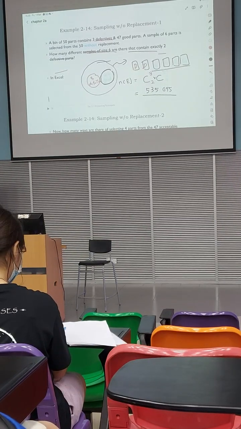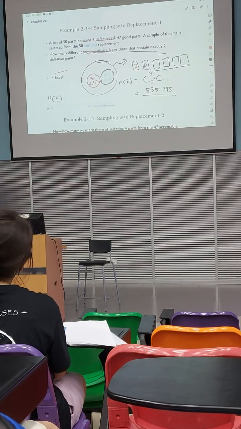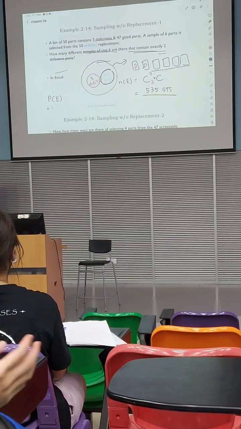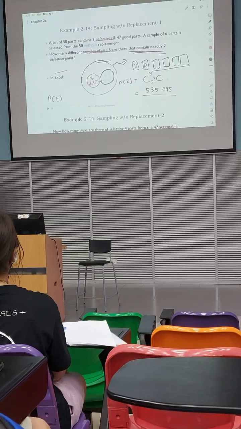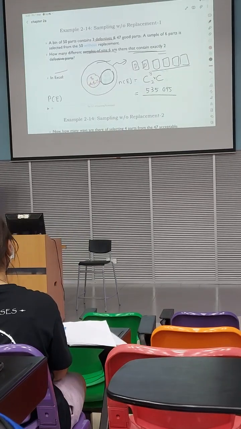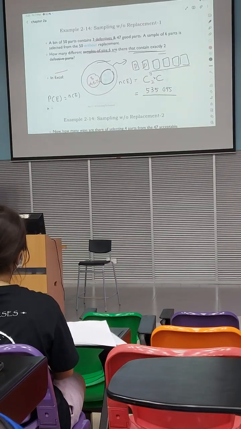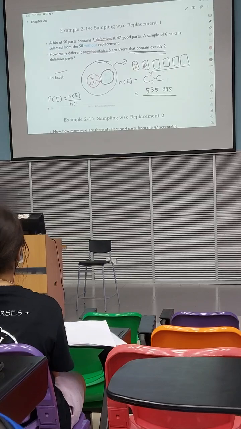Let's say I need to calculate the probability that, out of this sample of 6, it contains exactly 2 defects. What is the probability? In this case, we have to use the number of events divided by the number of sample space.